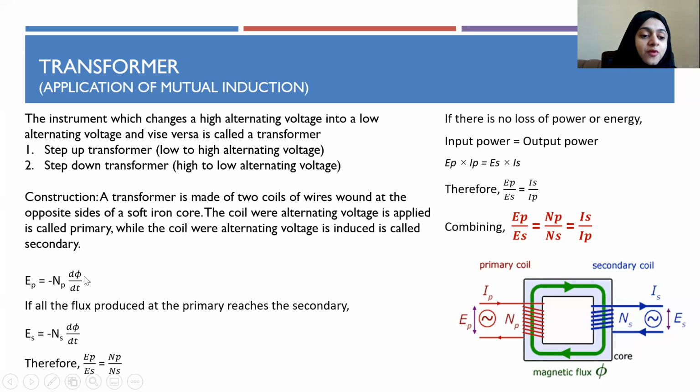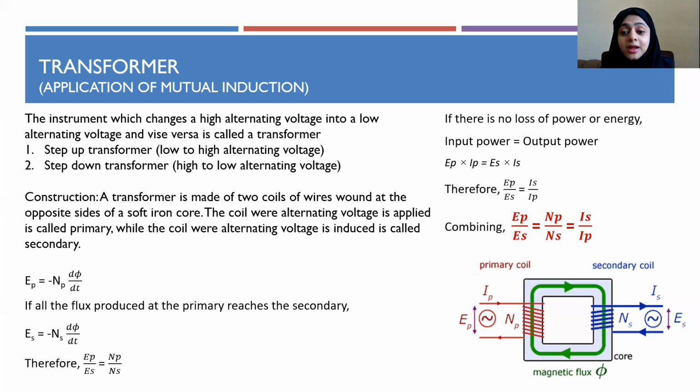See, if all this flux which is produced in the primary coil is carried to the secondary, that's why we are winding that around an iron core, a soft iron core. You know that a soft iron material is magnetic.